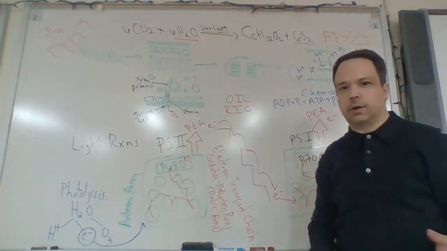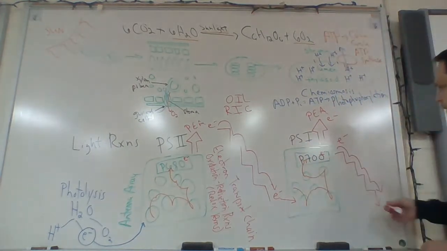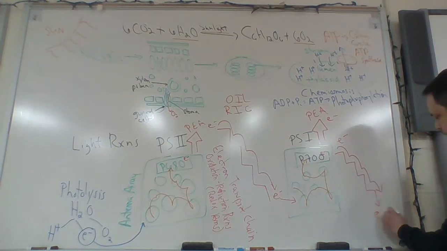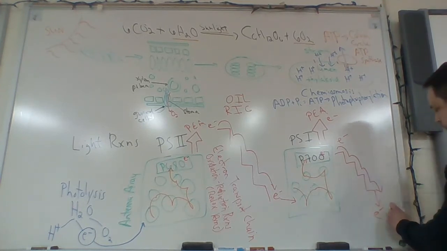Okay, so we're almost done. We've got one last thing to cover here, and that is our friend, the electron. This electron, of course, went on this electron transport chain ride. Where is it going to end up? That's the last thing we want to talk about.